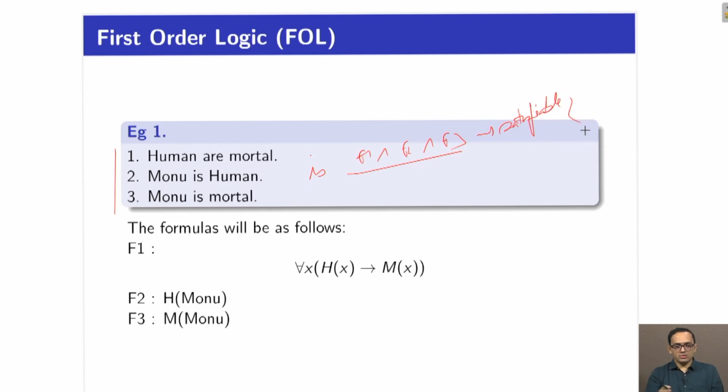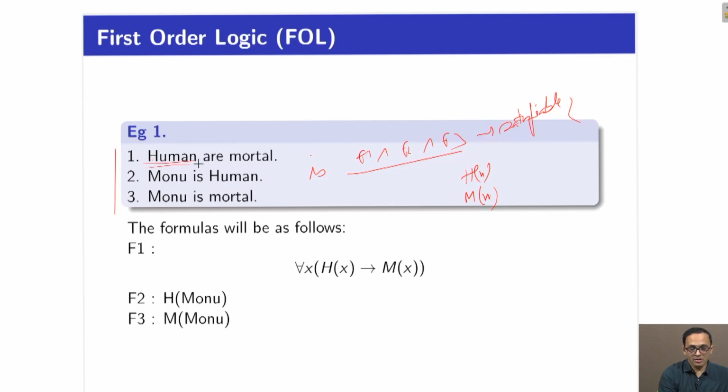I will not talk about how to solve this, but let us first encode it. I have already given you the example of H(x) and M(x) in the previous slide.